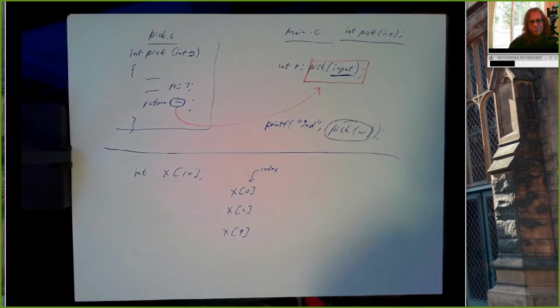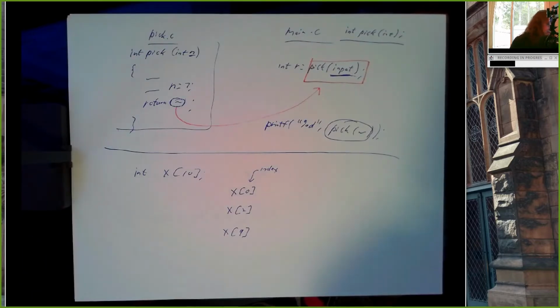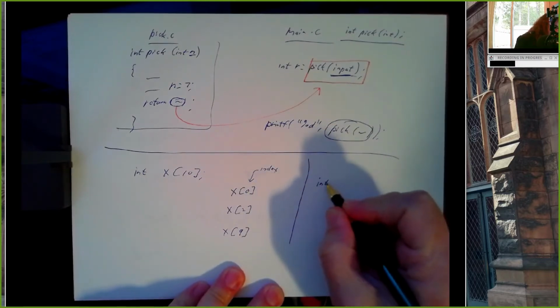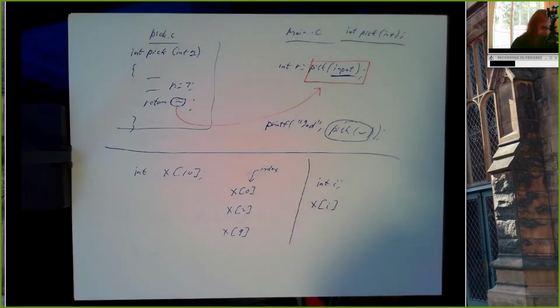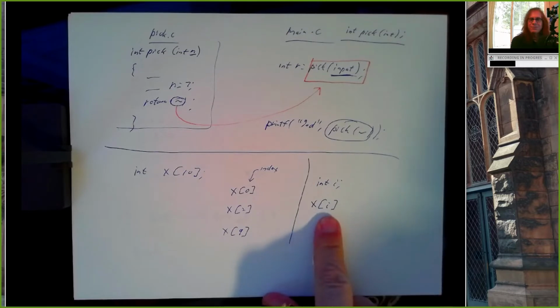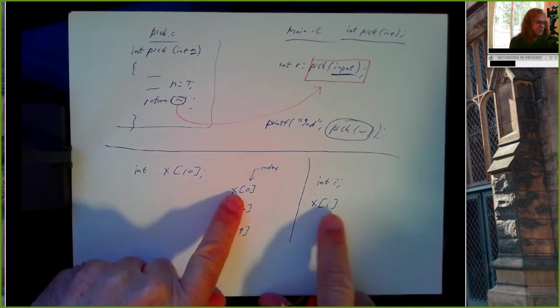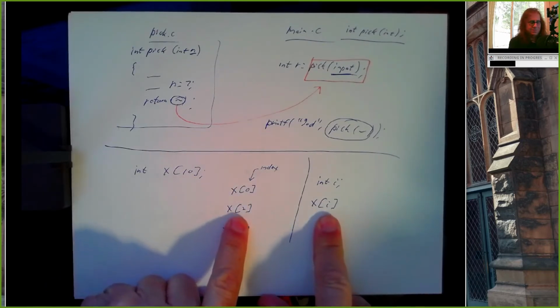Most languages have a way to implement arrays. In C, we declare our array by just saying x bracket 10. The nice thing about arrays is that, if i was an integer, we could say x bracket i. If the value of i was 0, this refers to x bracket 0. If the value of i was 2, this refers to x bracket 2.